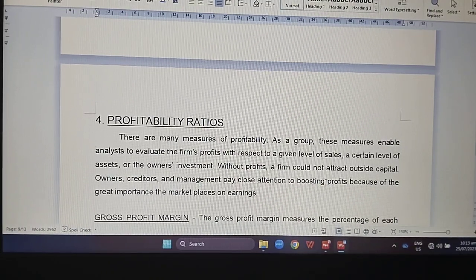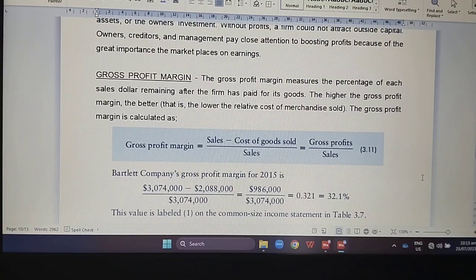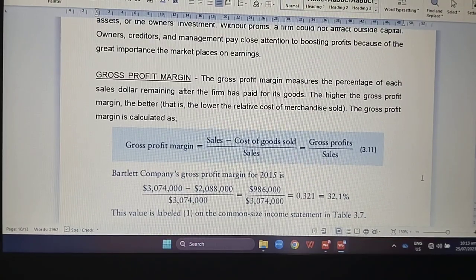market places on earnings. So, ano yung mga ratios na to? Gross profit margin. The gross profit margin measures the percentage of each sales dollar remaining after the firm has paid for its goods. The higher the gross profit margin, the better.